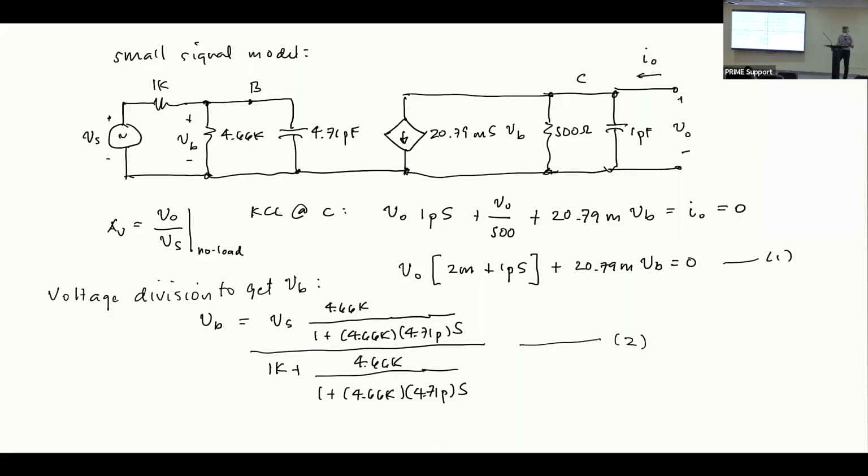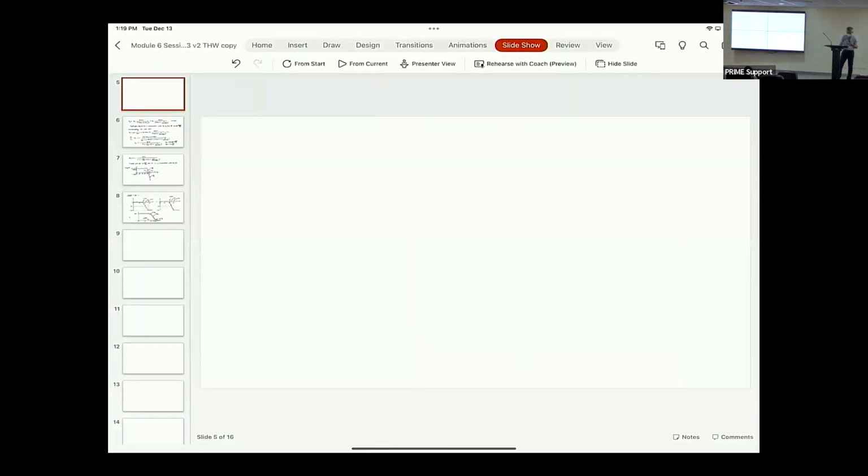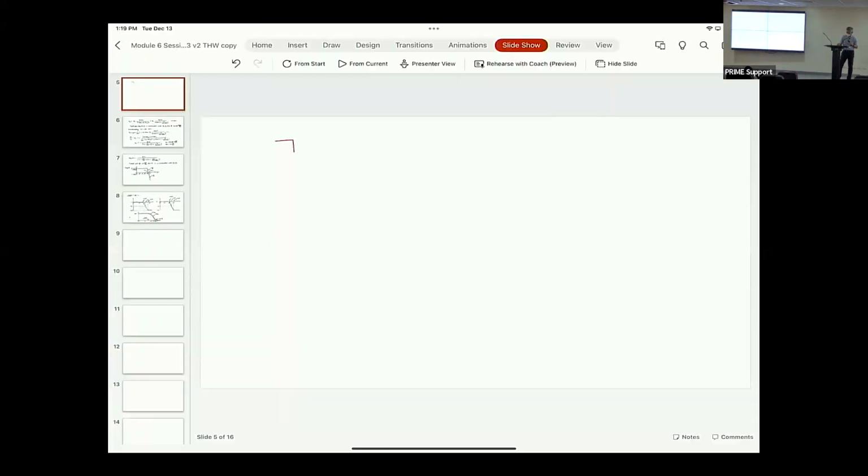Okay, when you have a resistor in parallel with a capacitor, so this is R, this is 1 over SC.